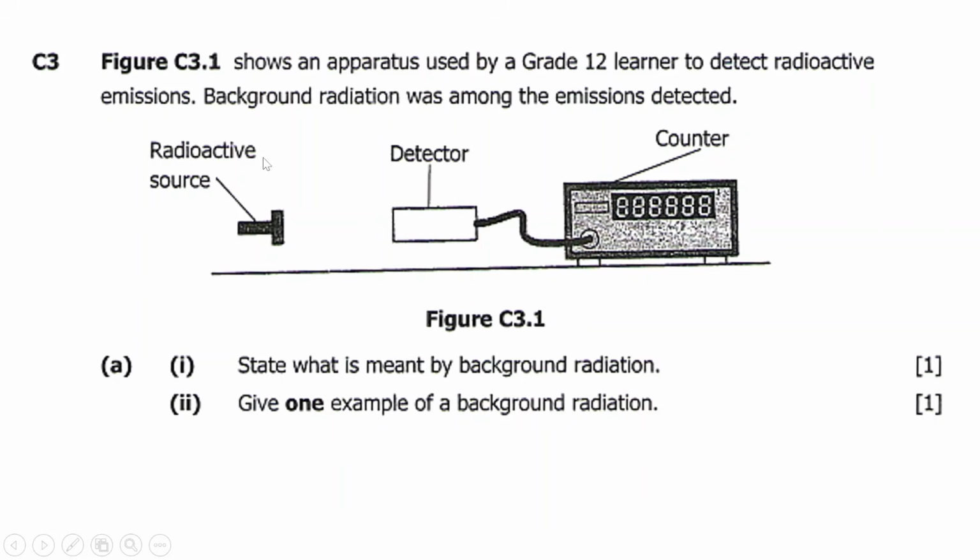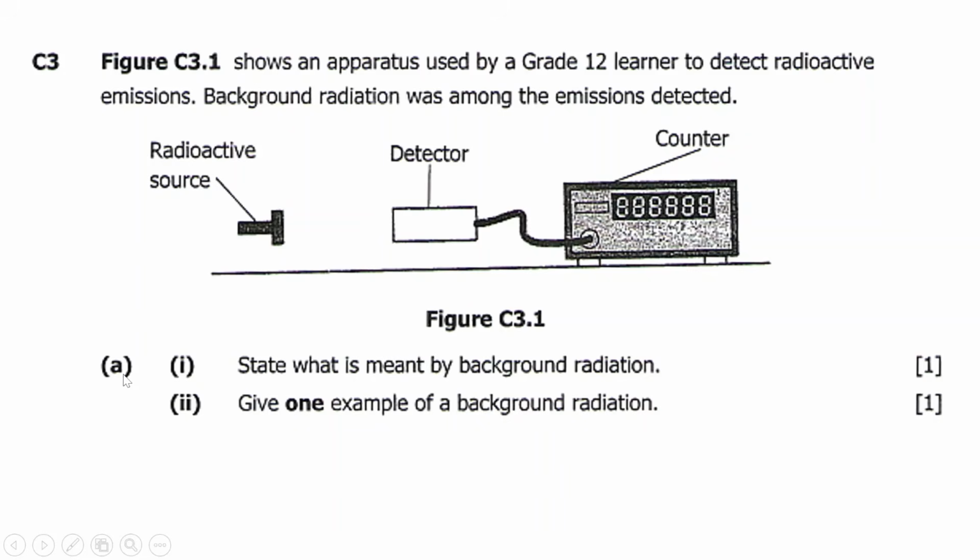We have a radioactive source here which emits radiation. This is a detector which detects this radiation and sends the signal to the counter which reads the radiation here. We are told that background radiation was also detected and registered here.